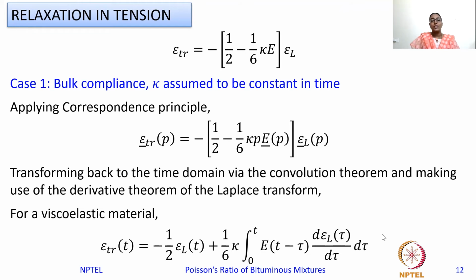So this is the relation that we get for the transverse strain when you apply the Laplace transforms and the correspondence principle and then convert it back to the time domain. So your transverse strain is now expressed in the time domain.